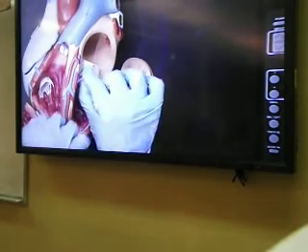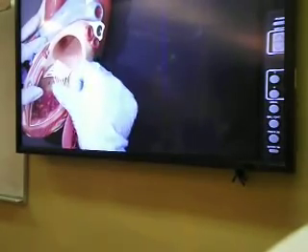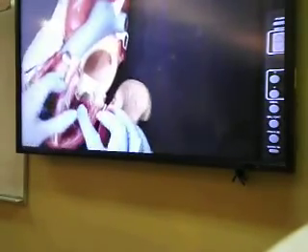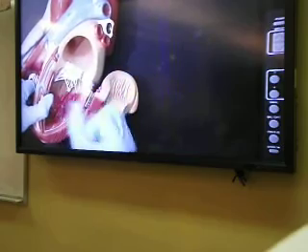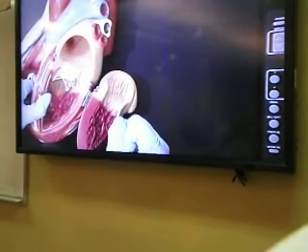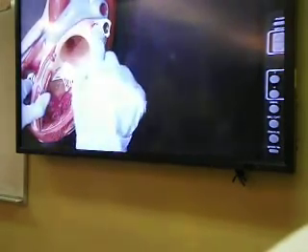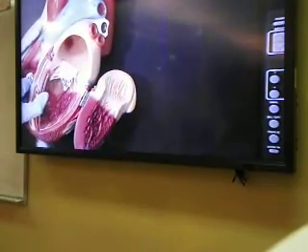And again we see the chordae tendineae, which is holding the bicuspid valve to the papillary muscle. The papillary muscle will pull on the chordae tendineae to ensure that the bicuspid valve stays closed, so that no blood from the ventricle goes back to the atrium.